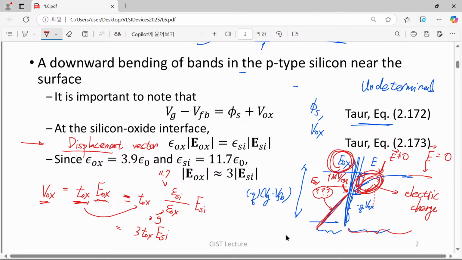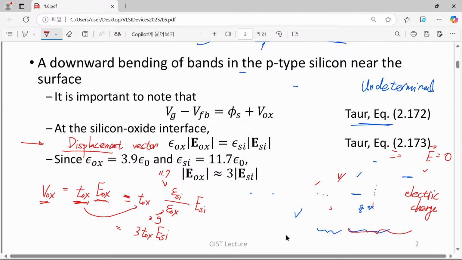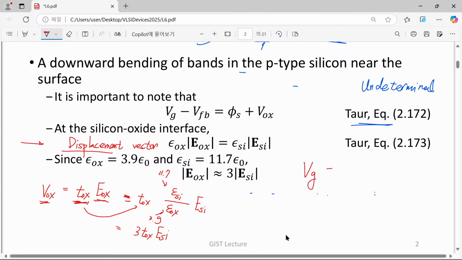So let me just write down once again. If we accept this second condition, then now we can write down the MOS equation once again. So I wanted to write it in this way. Gate voltage minus flat band voltage. This is the left hand side term, so nothing new, and it is given as phi s plus, what is it, 3 times, of course this 3 is related to the permittivity ratio.